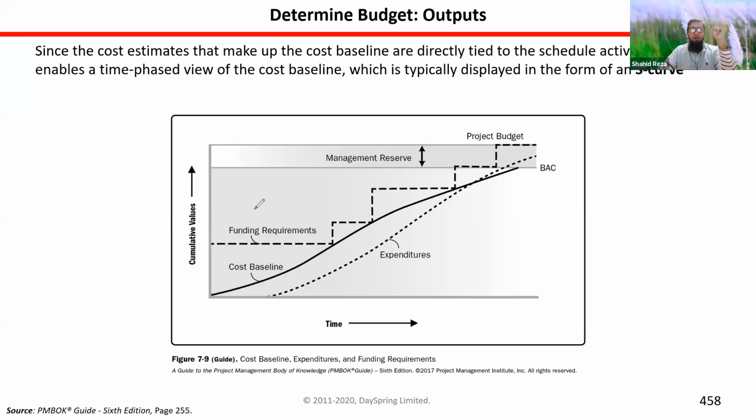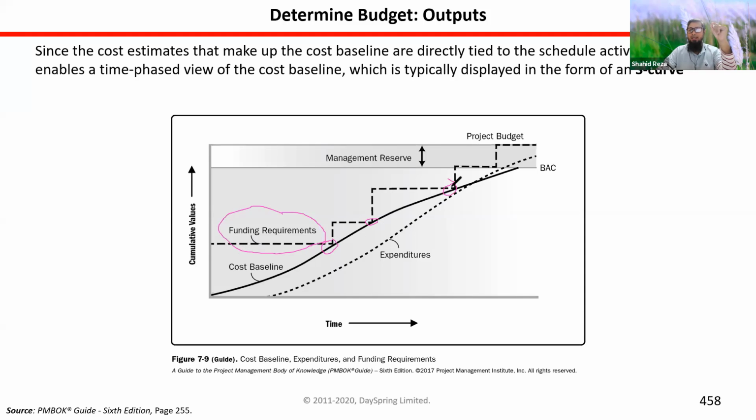The last point is we have talked about funding requirements, right? Can you remember? Management will not give all the money at the beginning. They will give the money monthly or quarterly, or at some period. So see, this staircase is showing when you actually get money from the management. You will get some money at the beginning, here some money, here some money, right?